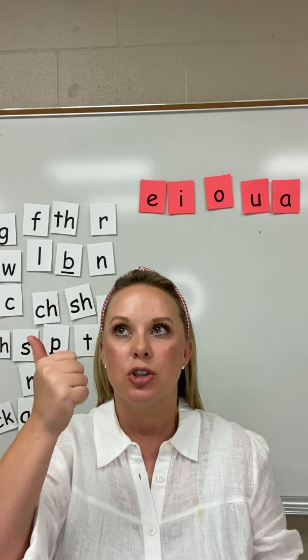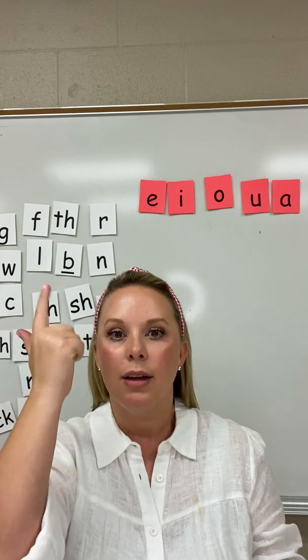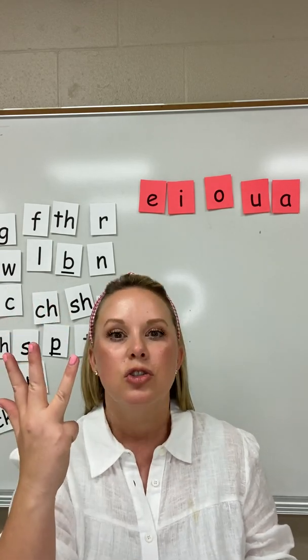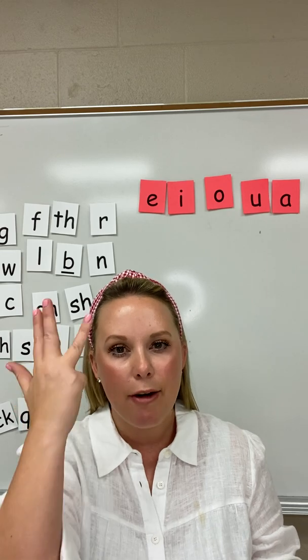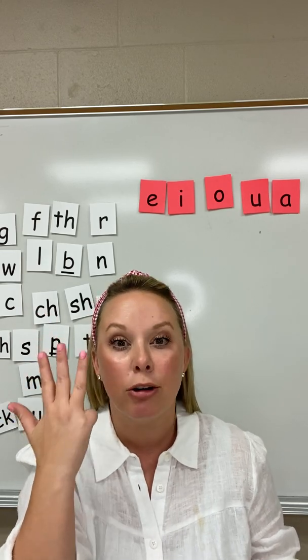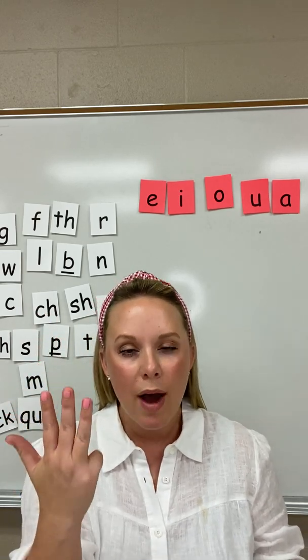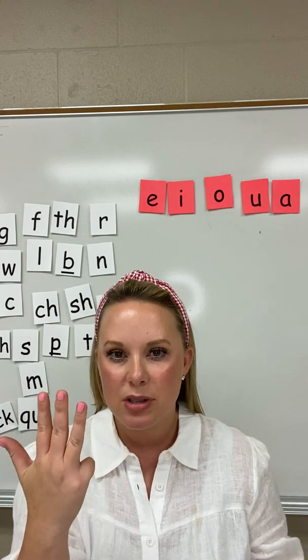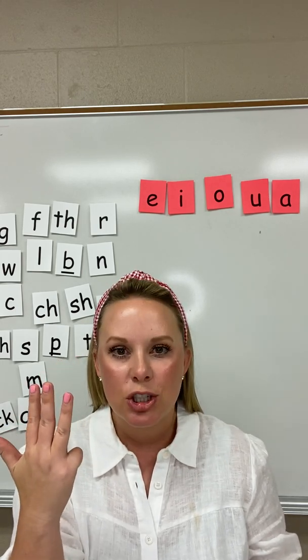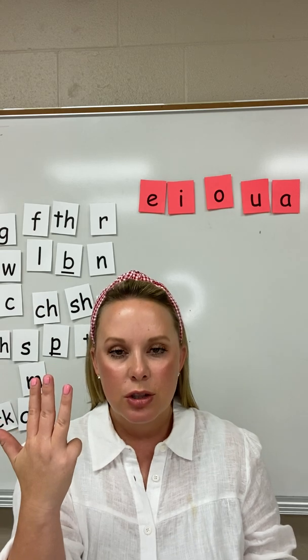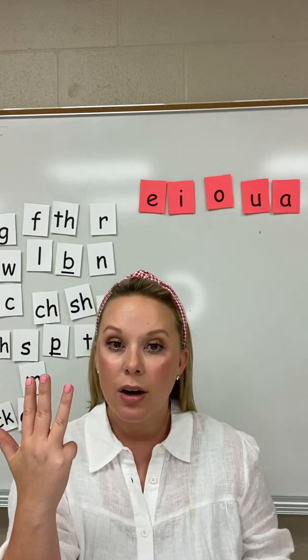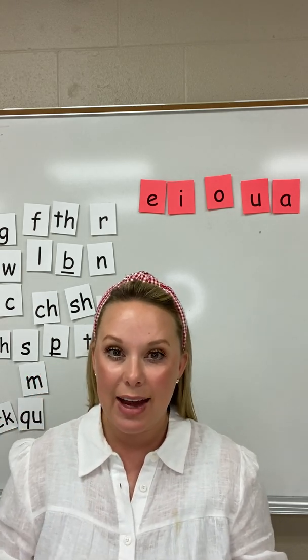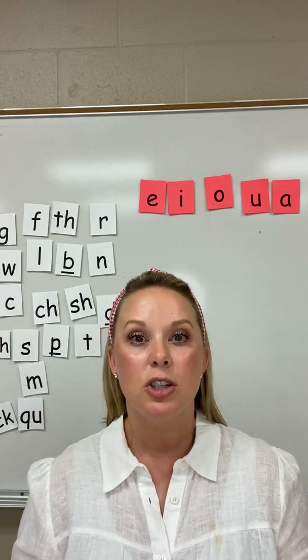Choft. Ch. Ah. F. T. I know I'm going to have 4 cards because I hear 4 sounds. What card should represent the sound ch? The card that has the digraph CH should be used to represent ch.